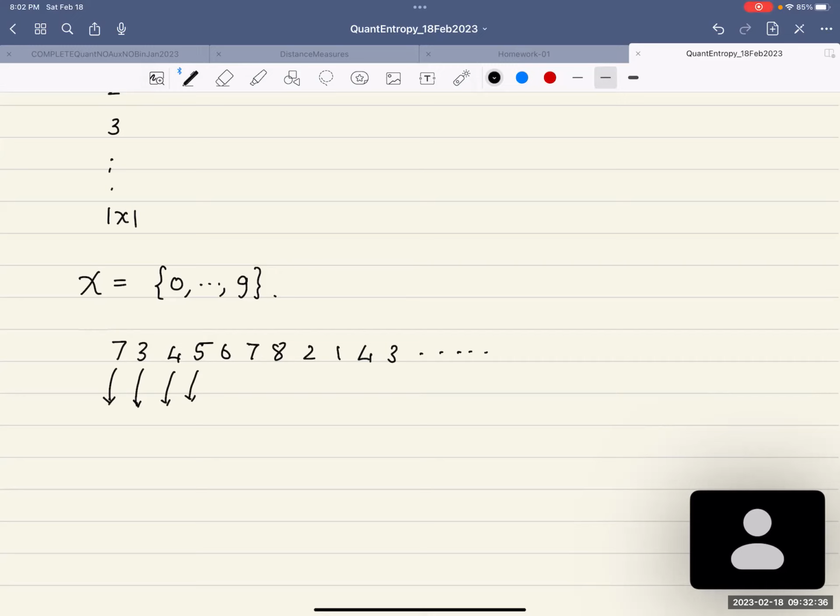How do you ensure that you know when the symbol ends? It has to be prefix free. One of them should not be the initial part of another sequence. If so, you know it ends. Otherwise, you don't know whether it's the end or you're getting another symbol. Clear?